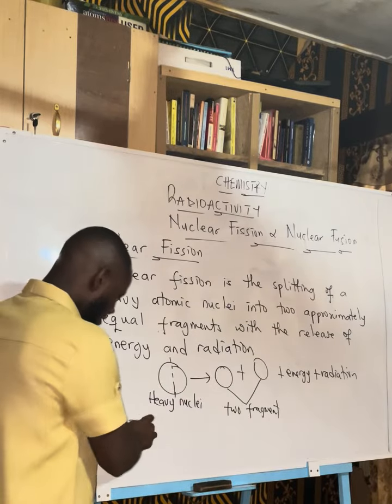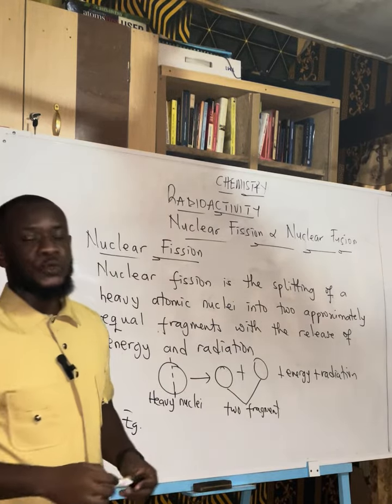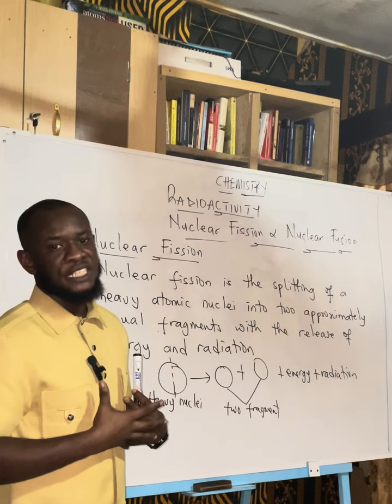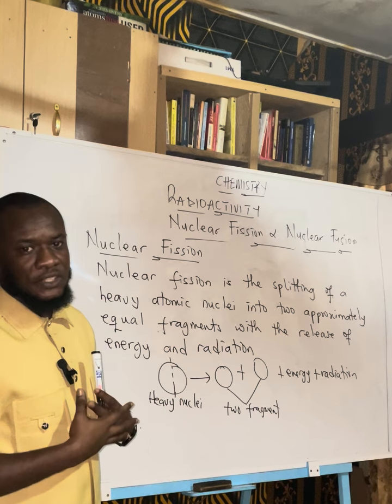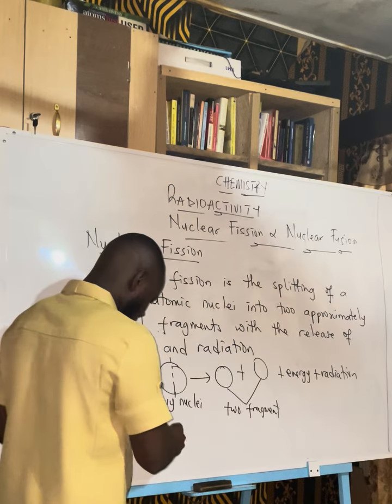Now, the example that I want you to know is uranium-235 splitting to give us barium-141 and krypton-92.